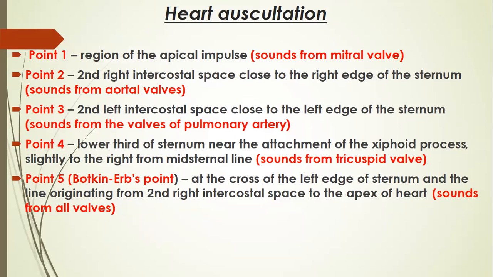The third point, sound from the valves of the pulmonary artery: second left intercostal space close to the left edge of the sternum. Fourth point, sound from the tricuspid valve. And the last, fifth point, Botkin's point, the sound from all valves.